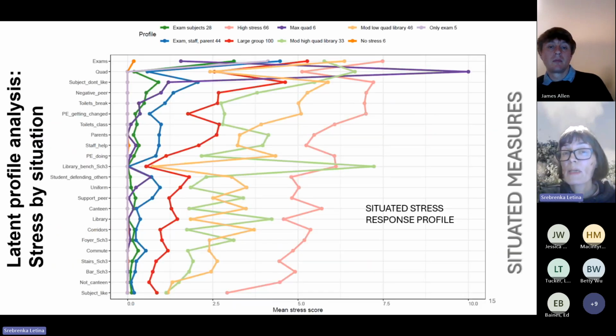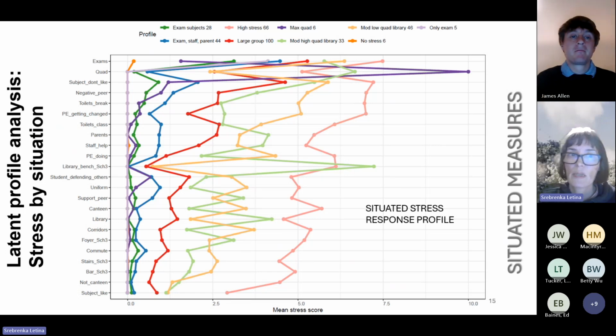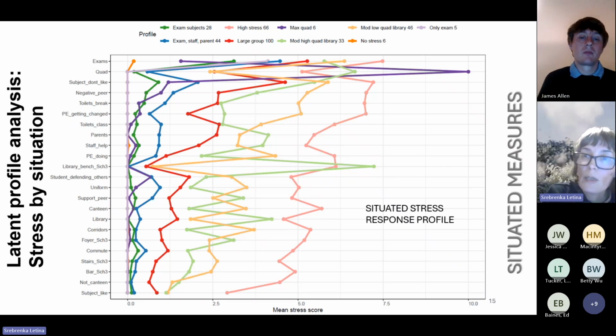So maybe some of you have attended previous webinars, and then you may be familiar with this plot. As you know, we estimated stress in many different situations. Based on that, you can do a latent profile analysis, which will allow you to find different groups of students based on the similarity of their results and classify them.